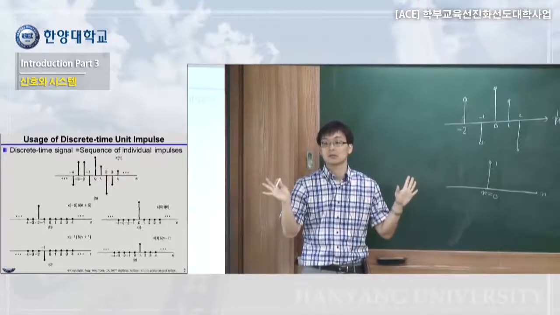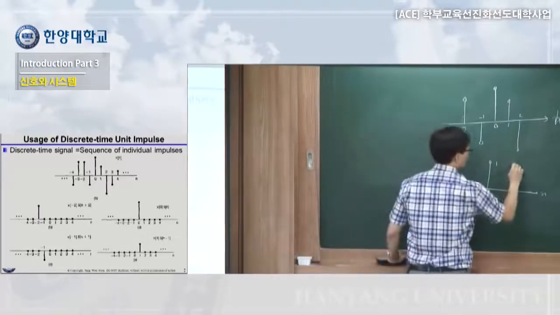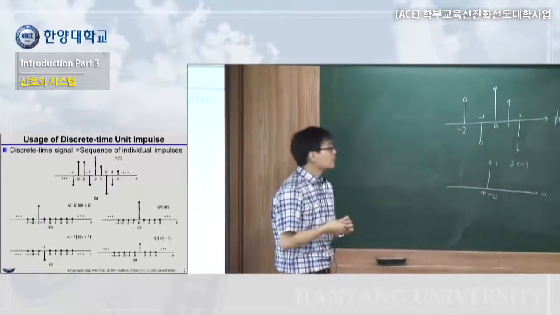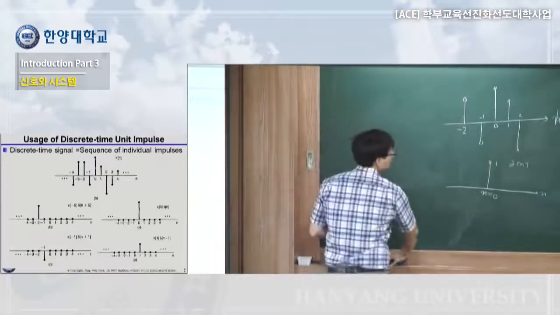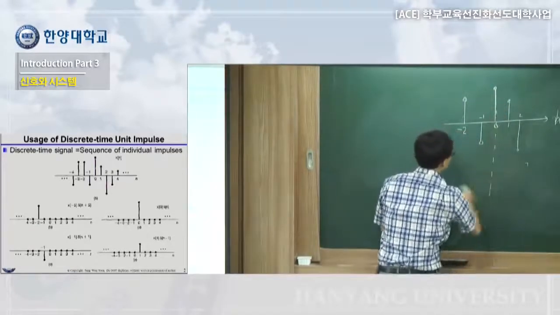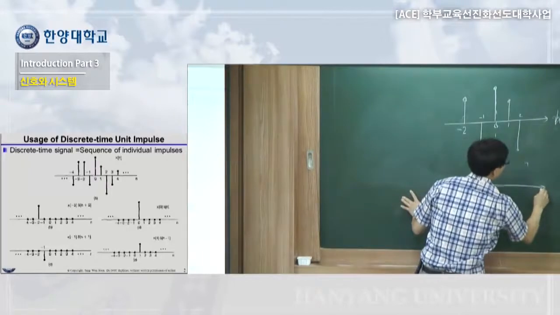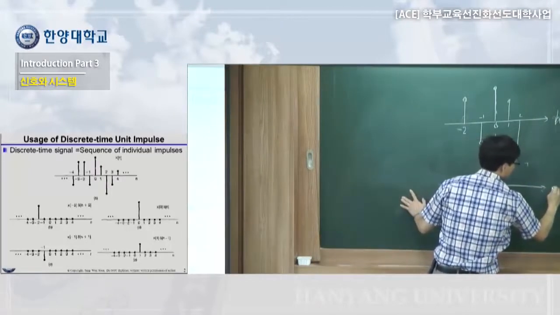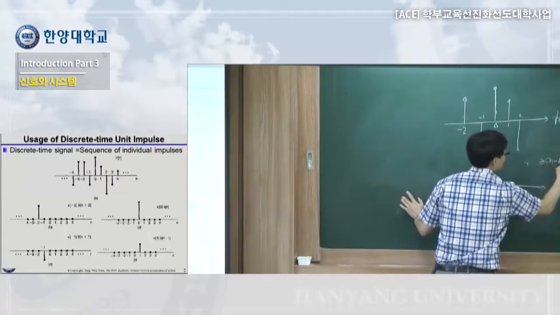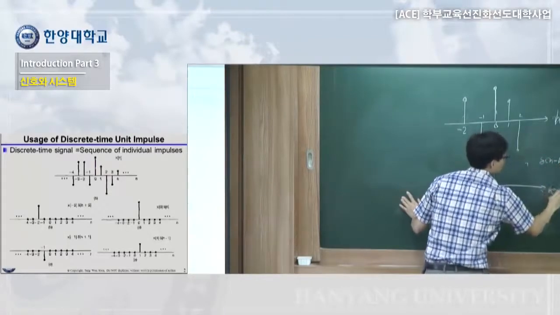That's delta n, right? Using this delta function, let's find out what delta n minus k is. Assume this is k.